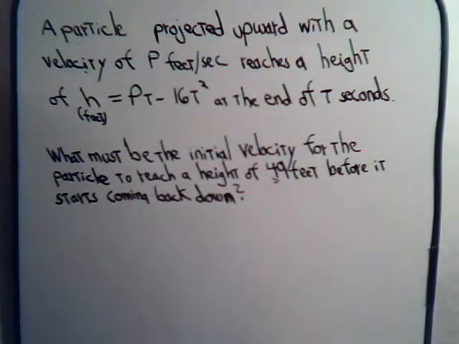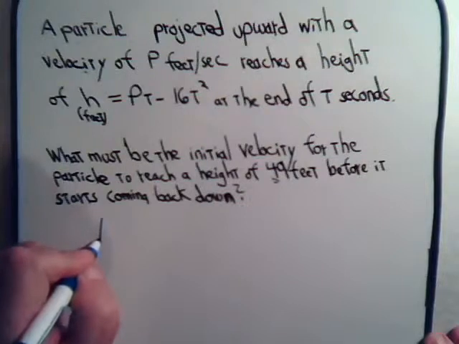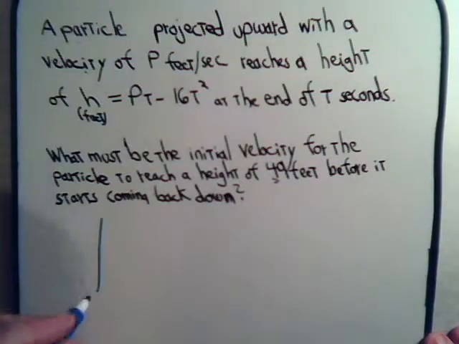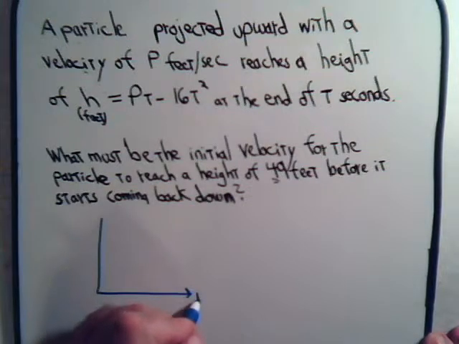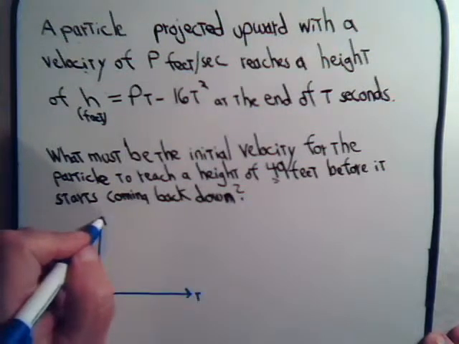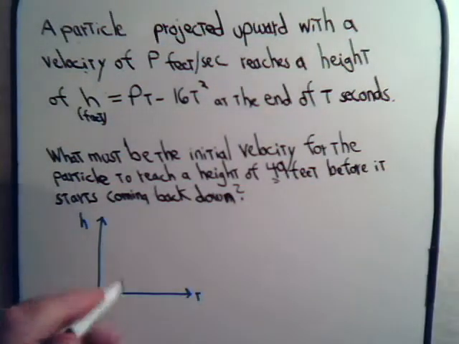So, before we try and figure this out, let's just draw a quick and crude diagram here. This is height, and this axis is time. So our trajectory is just going to look something like this.